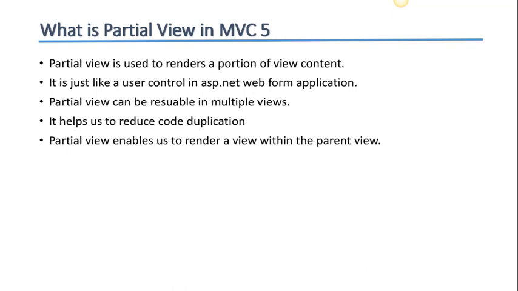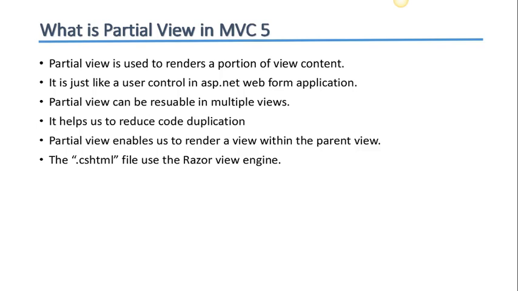And a partial view enables us to render a view within a parent view. So we can say partial view is a child page. Partial view is always a child page, and we can render the partial view inside the parent page. And the extension of a partial view is .cshtml, and the .cshtml file uses the Razor view engine.